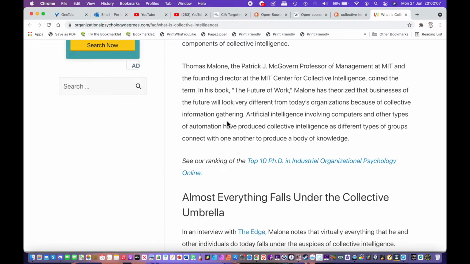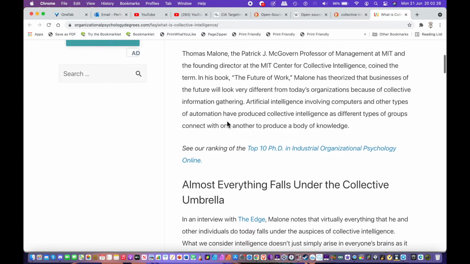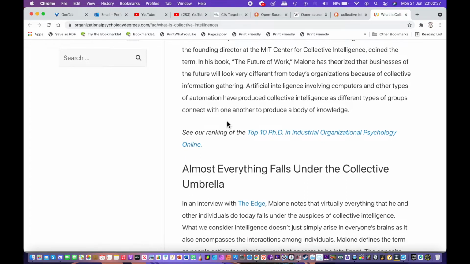In his book, The Future of Work, Malone has theorized that businesses of the future will look very different from today's organizations because of collective information gathering. Artificial intelligence involving computers and other types of automation have produced collective intelligence as different types of groups connect with one another to produce a body of knowledge.